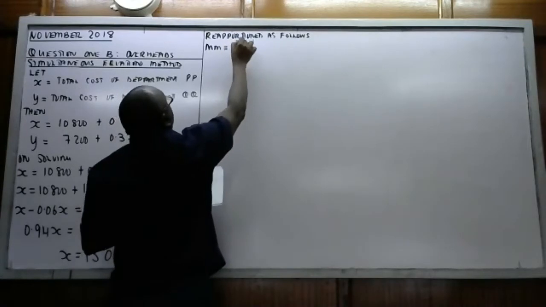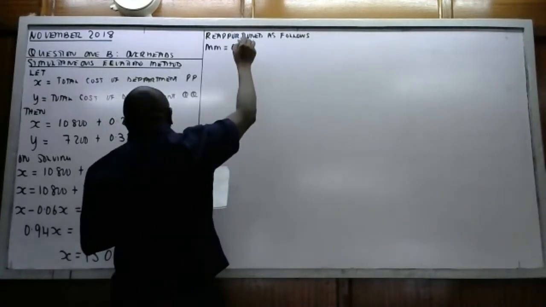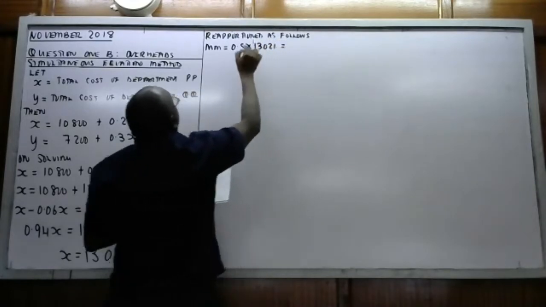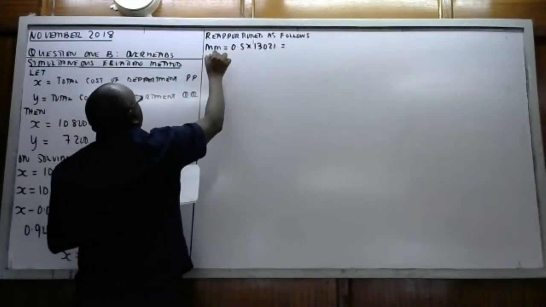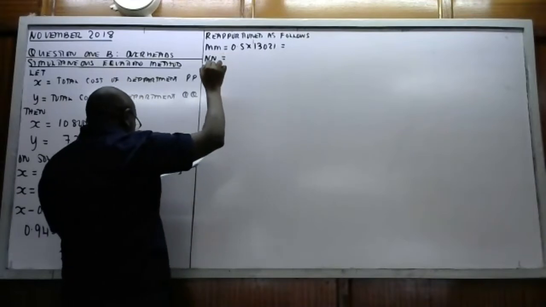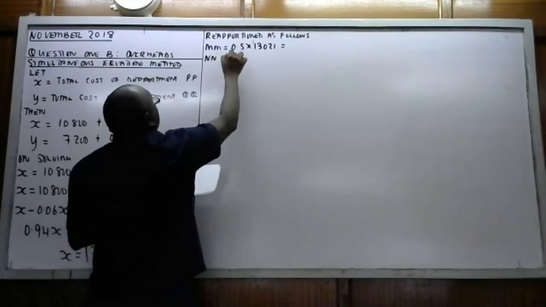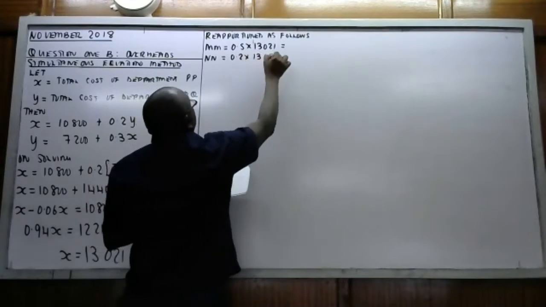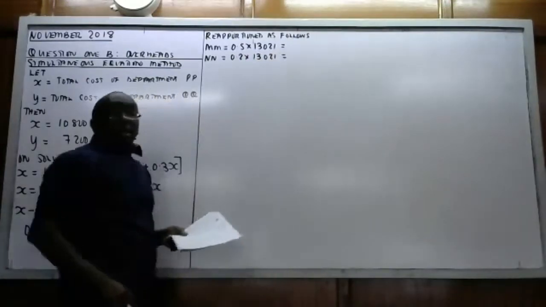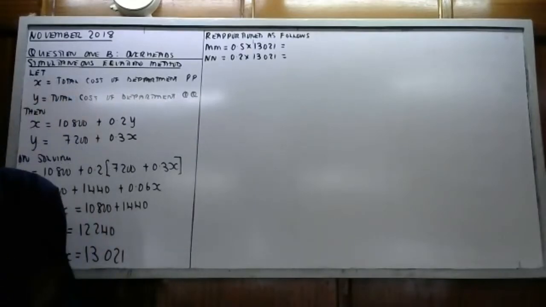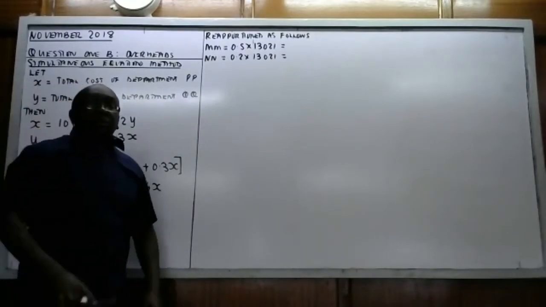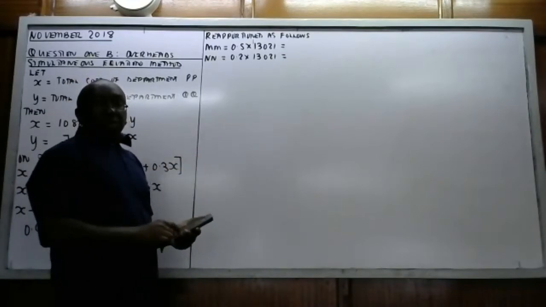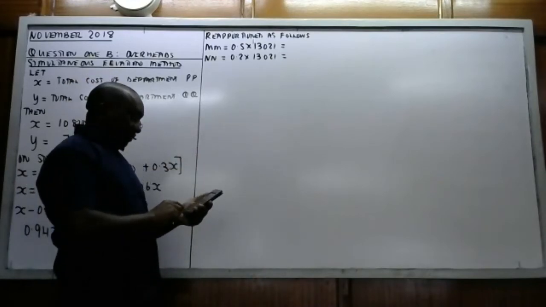So 0.5 of 13,021 and NN is getting 20%. So 0.2 of 13,021. Remember, when you are using the simultaneous, we only apportion to production departments.